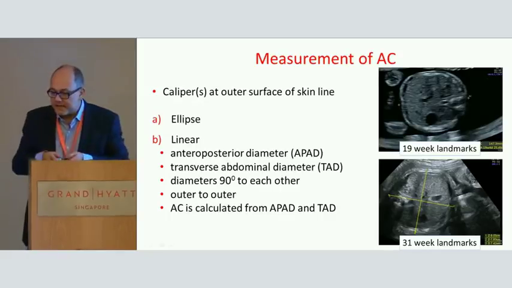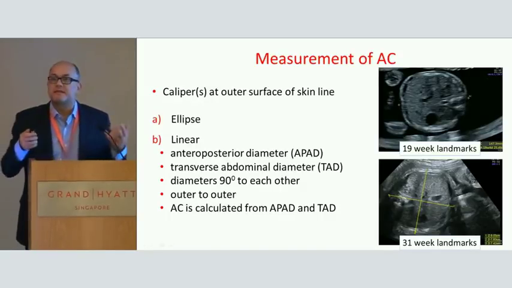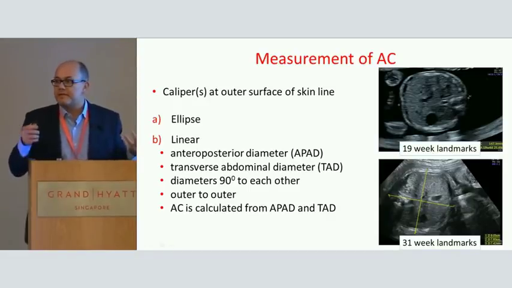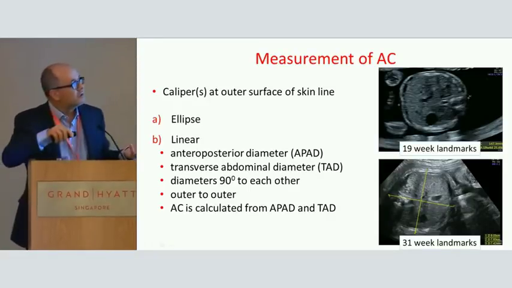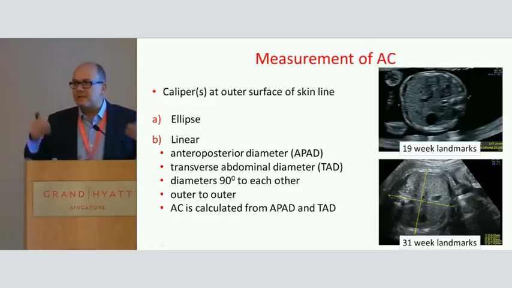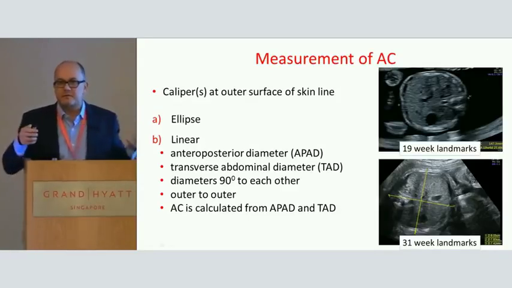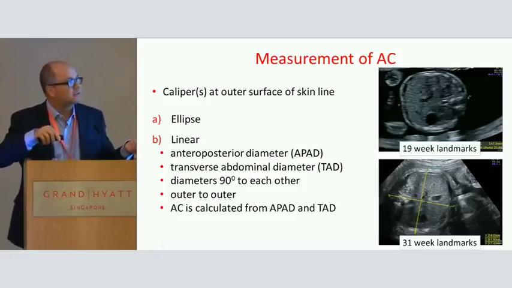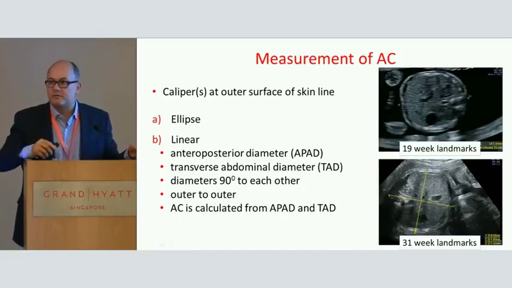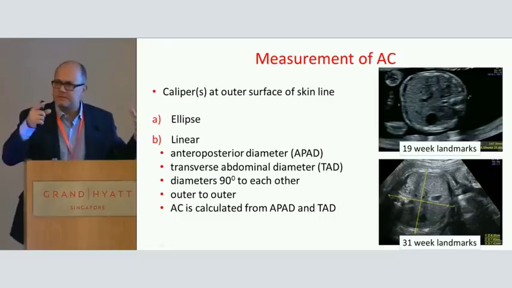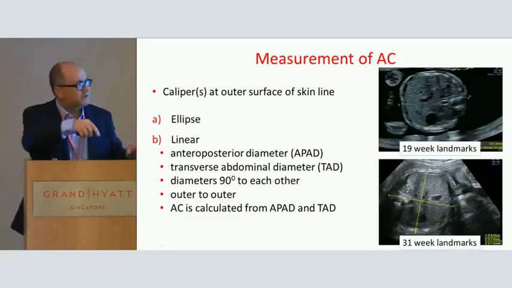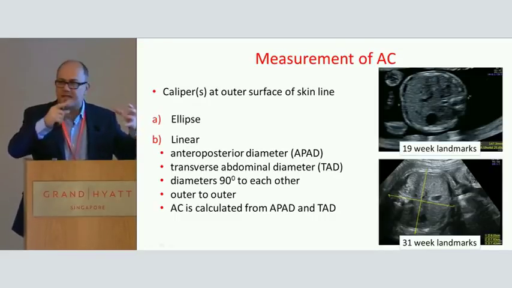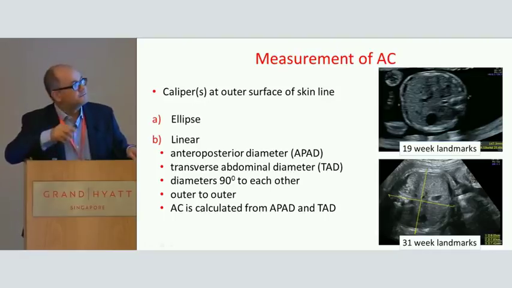Now the good thing of these landmarks is that these landmarks are pretty stable. So whether you measure the AC at 16 weeks, or at 19 weeks, or at 31 weeks, the landmarks look very similar. The landmarks you're checking for are the same: the stomach and the umbilical cord. Okay, of course the AC looks a bit different, and there's a bit of shadowing here, but the basic landmarks are the same.